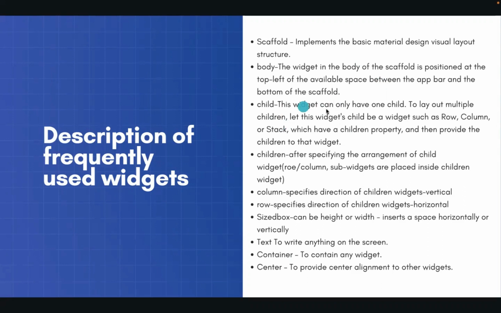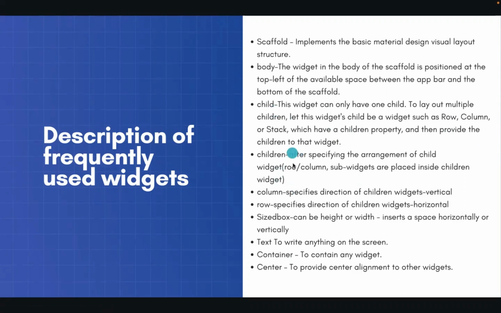A widget can have only one child. To lay out multiple children, we need to give the child a property of row or column, so that under that row or column you will have children, and those children will be arranged according to the property you've given your child.